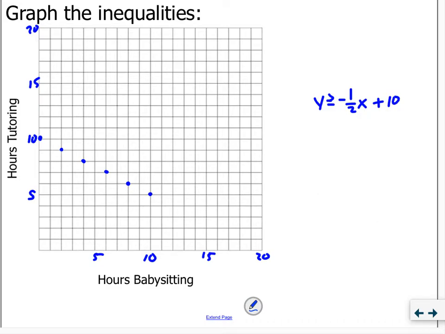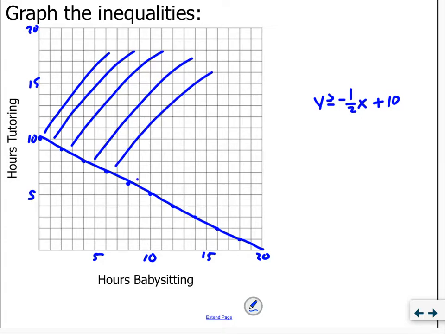This is going to be a greater than or equal to graph, so it will be a solid line. Because everything's in quadrant 1, I'm just going to leave it like that and not put arrows on the end. It's greater than or equal to, so greater than means shade up.